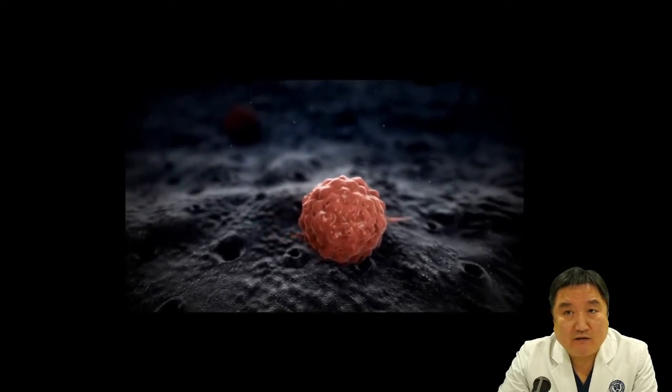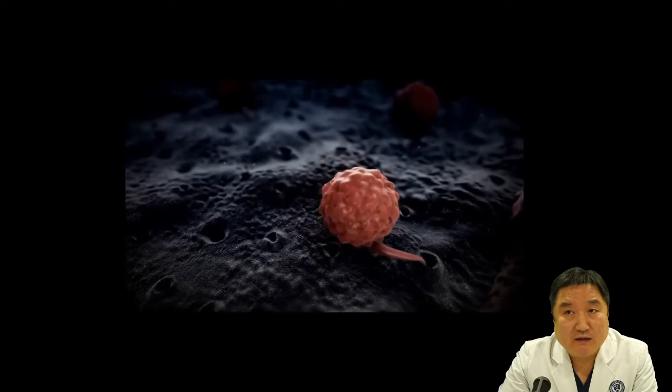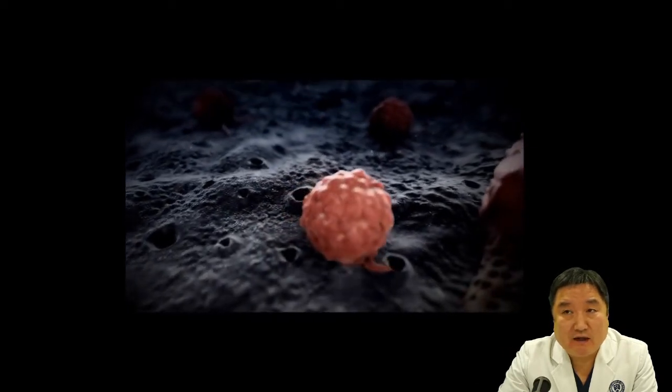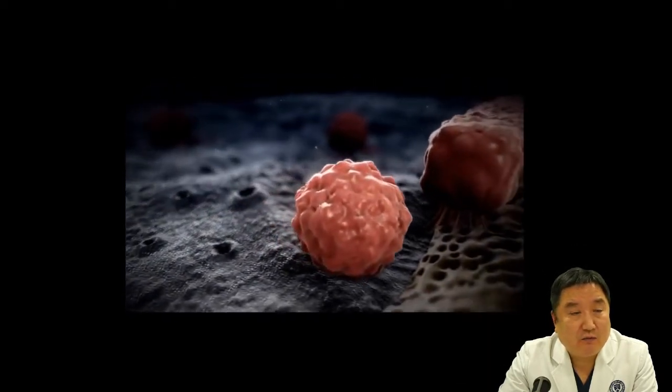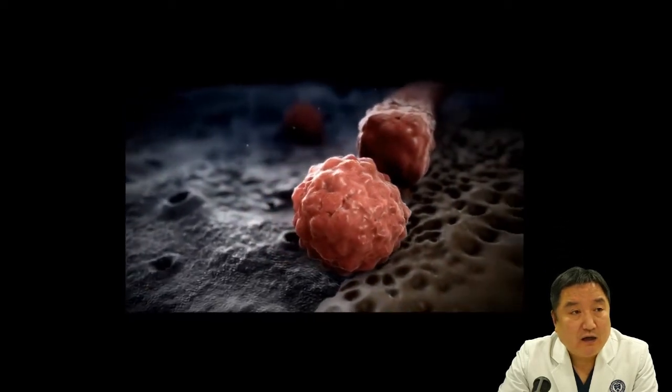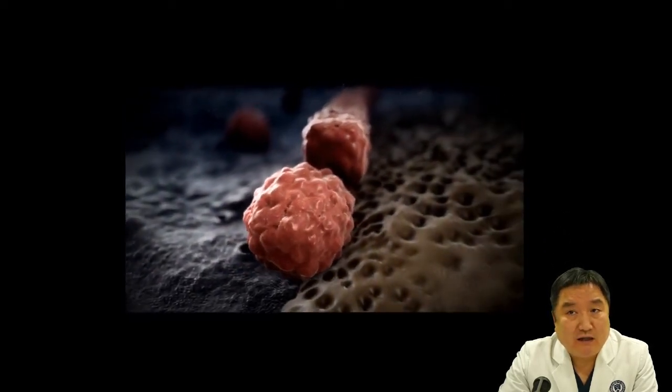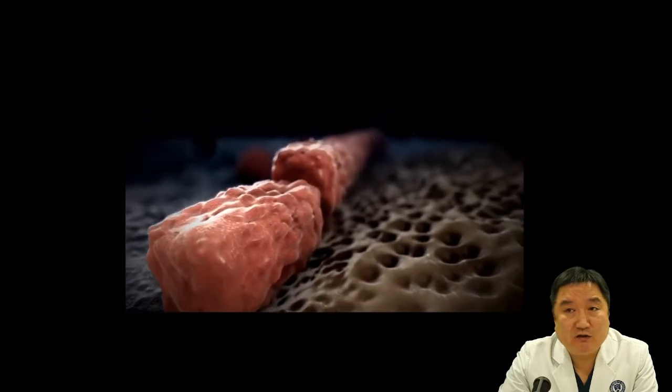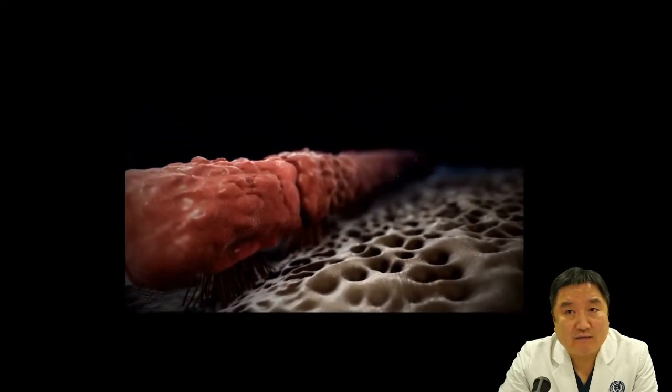Mesenchymal cells, which are stem cells, will land on the surface, migrate, and differentiate into bone-forming osteoblasts, and eventually become osteocytes.